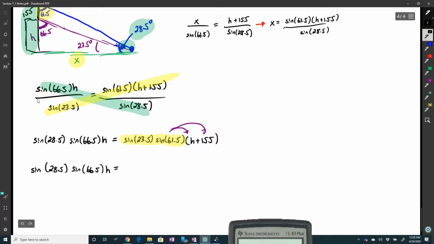All right, so sine of 23.5, sine of 61.5, h plus 155, sine of 23.5, sine of 61.5. Right, so now I want to get the h's on the same side. So I'm going to subtract all that stuff.